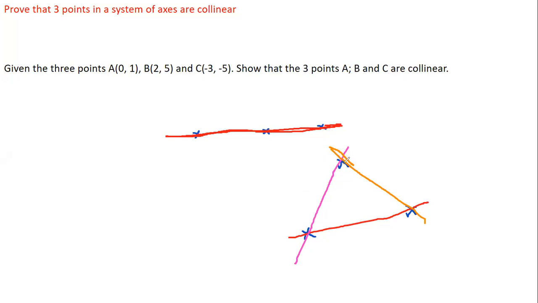When I have 3 points that are not collinear, what shape do I get? A triangle. So if I have 3 points in which I can draw a straight line passing through them, we call them collinear points.